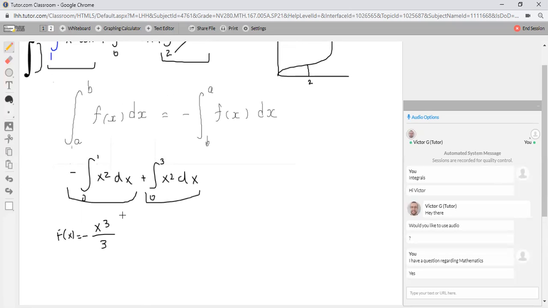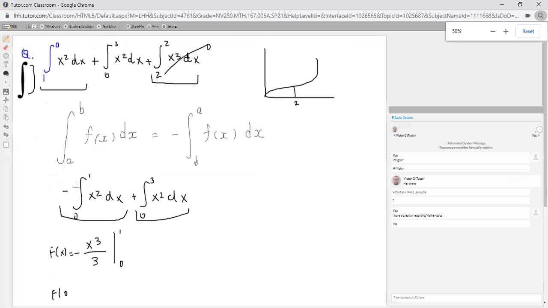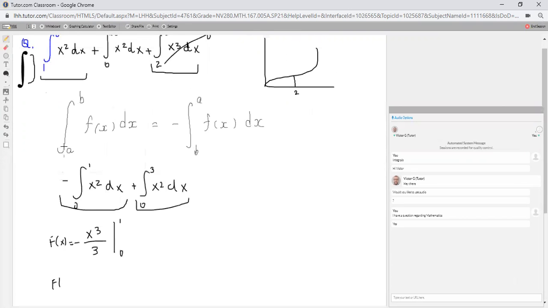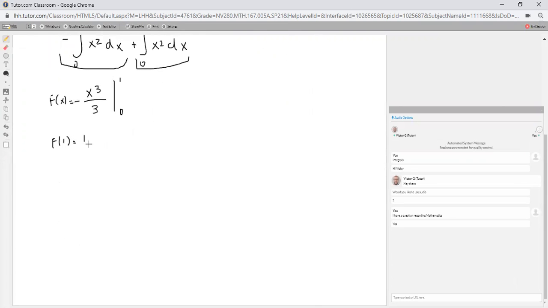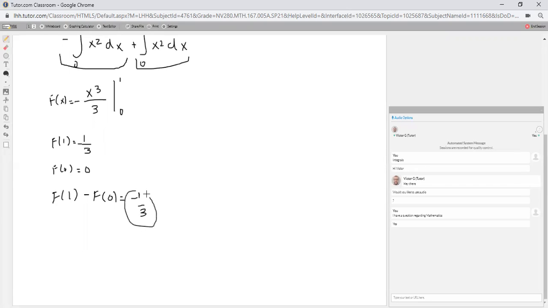So if we were to evaluate, we would essentially have f of, let's see, 1, so this would be what we would have here.